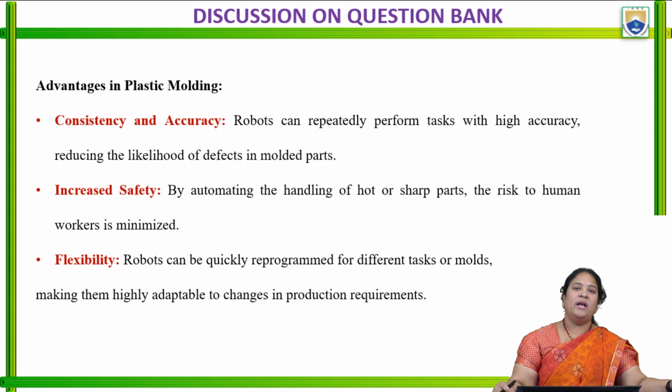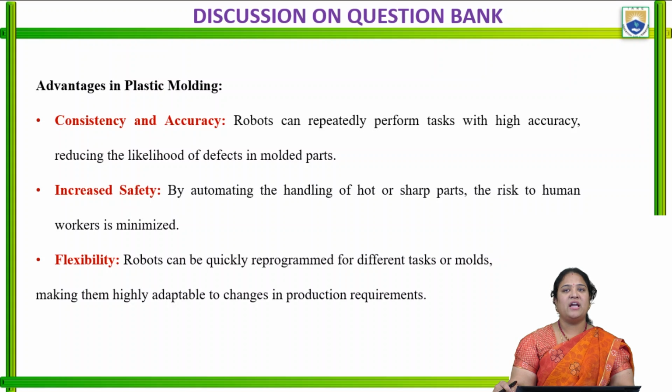What are the advantages in the plastic molding process? That is consistency and accuracy, increased safety, and flexibility. Any particular robot can be used repeatedly for performing the task with high accuracy, which reduces the likelihood of defects in the molded parts. By automating the handling of hot or sharp parts, the risk to human workers is minimized.